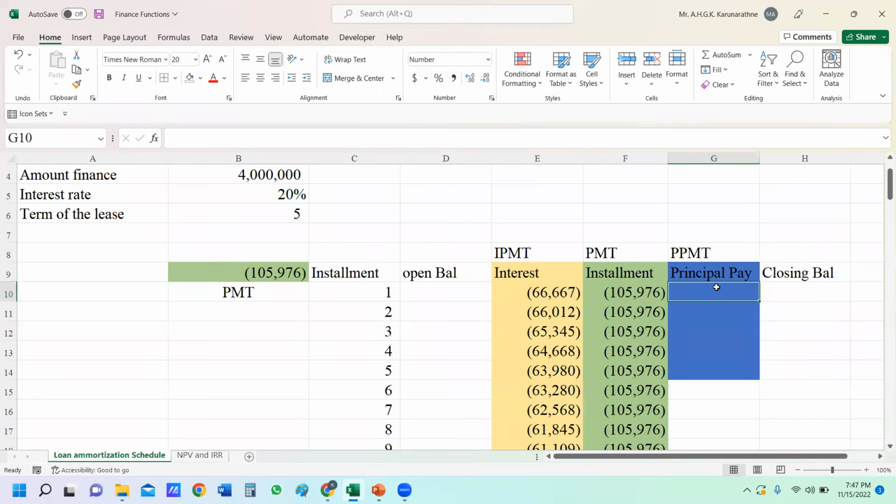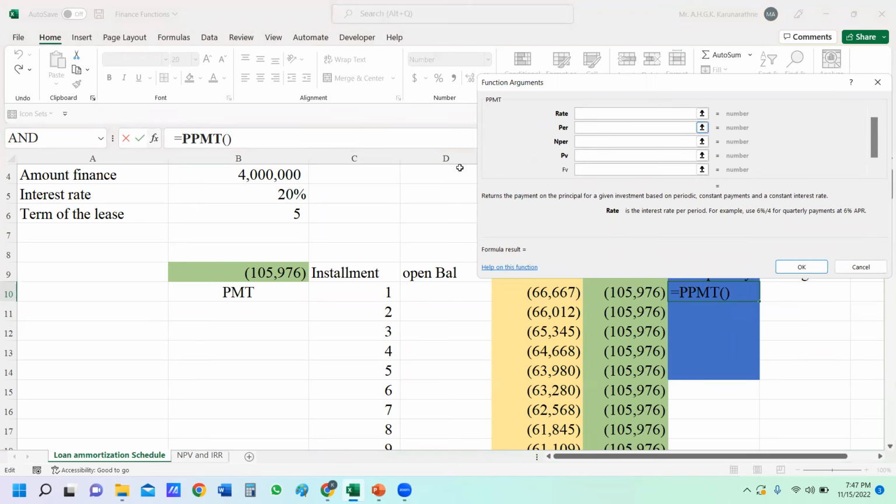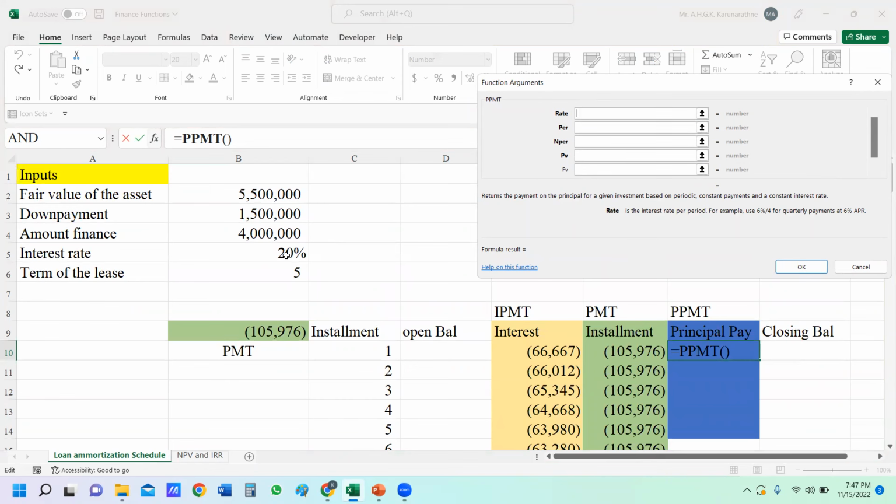Then principal payment, PPMT. Rate, our rate is the annual rate. Very important, make it fixed by pressing F4, and convert it to monthly by dividing by 12. PER, that is the period. For the first period's principal payment we compute, make it relative.